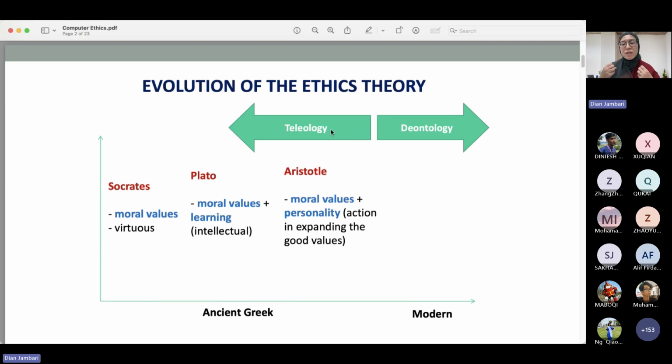It is moral value that we have internally, in terms of our natural instinct and mind, plus our action. Our internal moral values plus our action need to match with that moral value, where it expands the good value. So this is ancient times teleology.